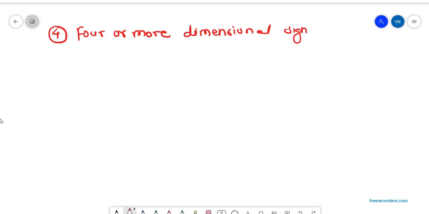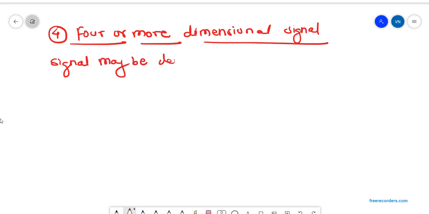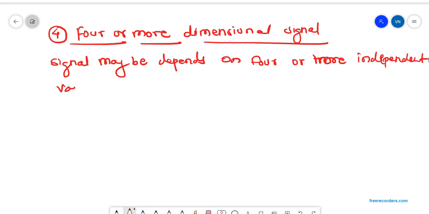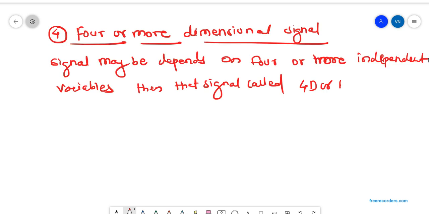In some examples, the signal may depend on four or more independent variables, and then that signal is called four-dimensional or more dimensional. So this is the basic definition.